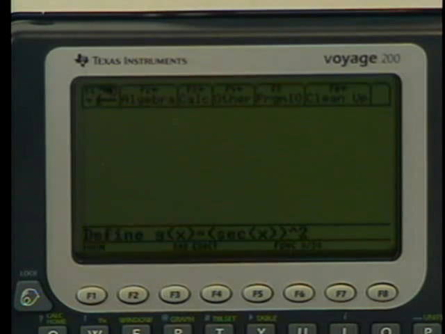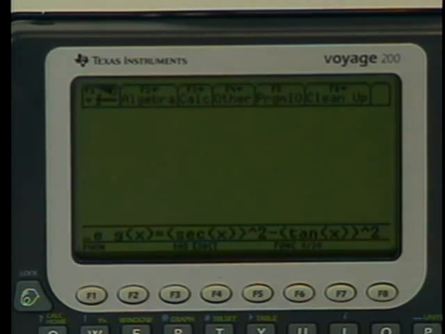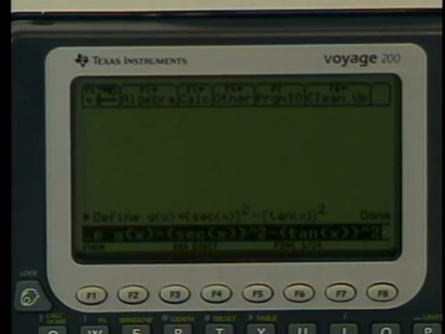And then it's minus parenthesis, tangent of x, parenthesis, and then squared. And of course that's the way it prints it out too. It doesn't put the square where it was in the book.